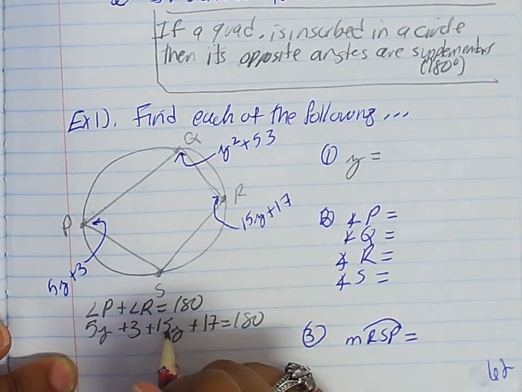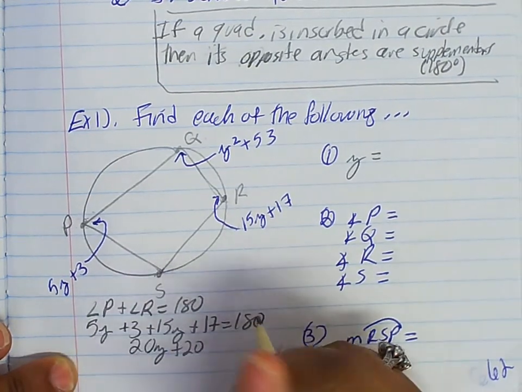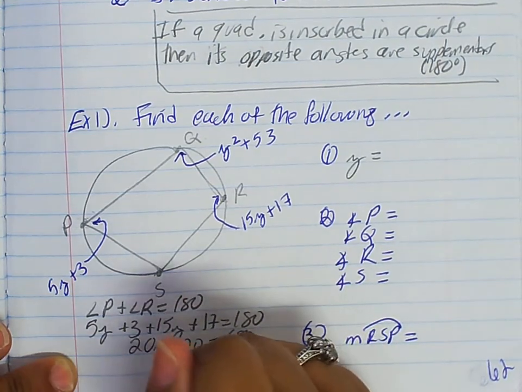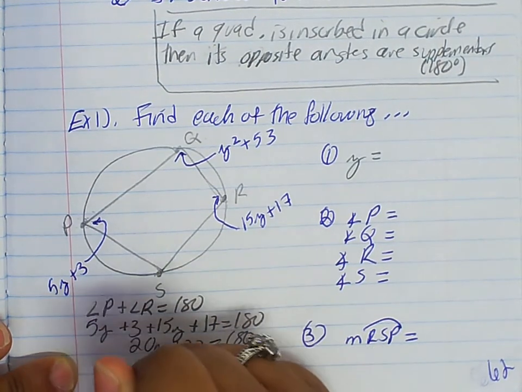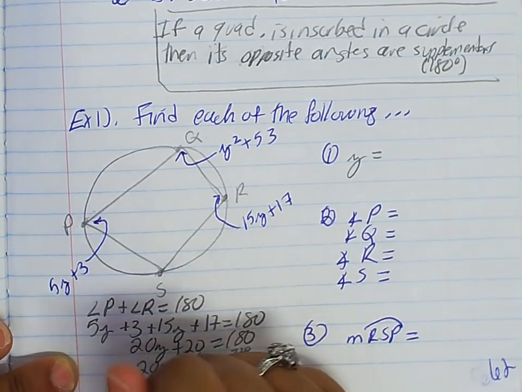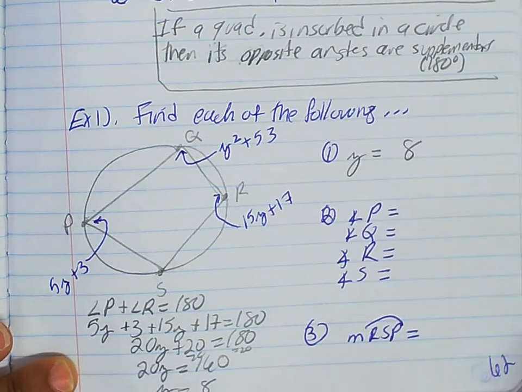Combine like terms: 20y, and 3 plus 17 is 20, equals 180. Subtract 20 from both sides, so now you've got 20y equals 160. Divide by 20, and y turns out to be 8.